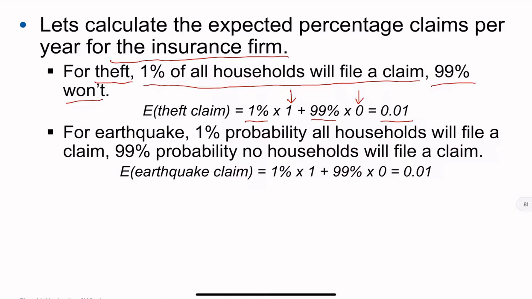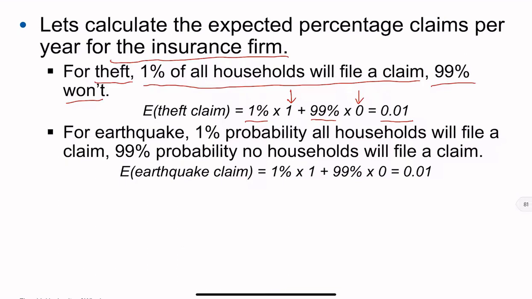That is, if you have a theft in your home, that does not imply there will be a theft in my home. That is, theft happens independently across different households, right? There's no correlation here.